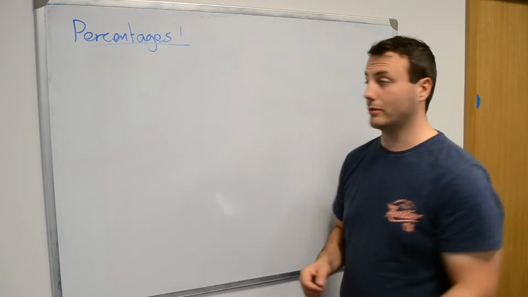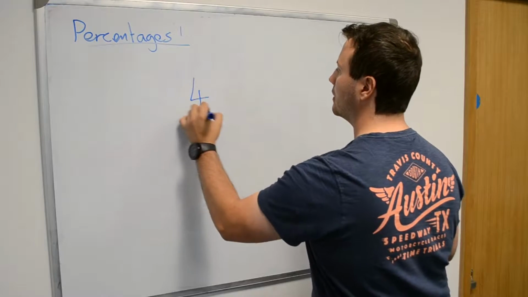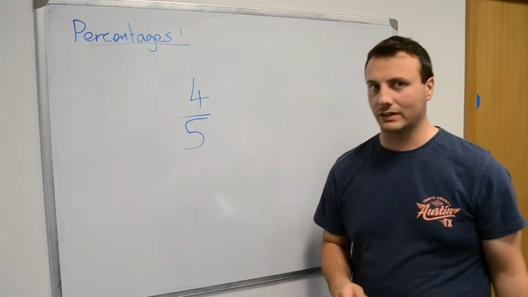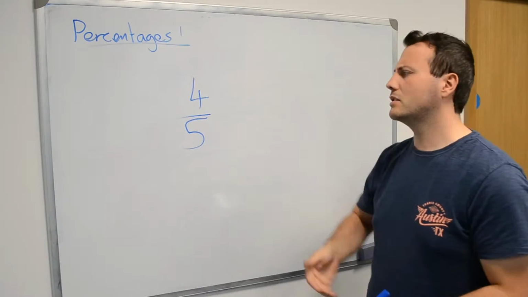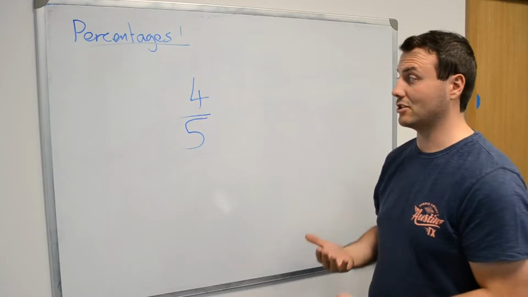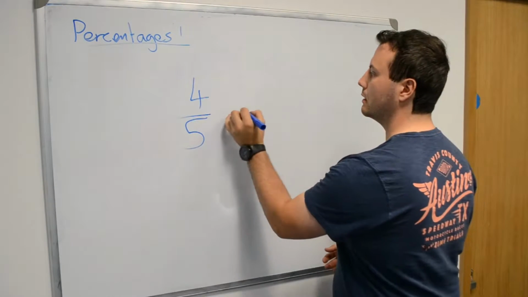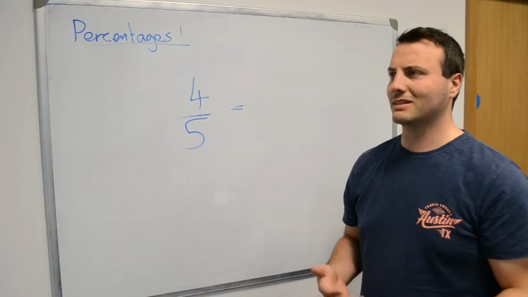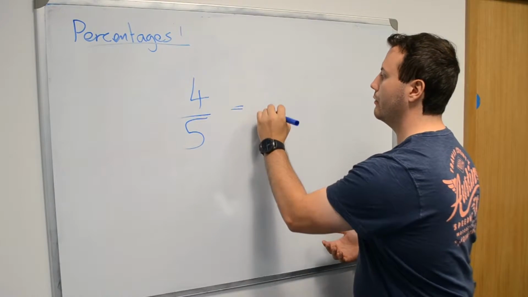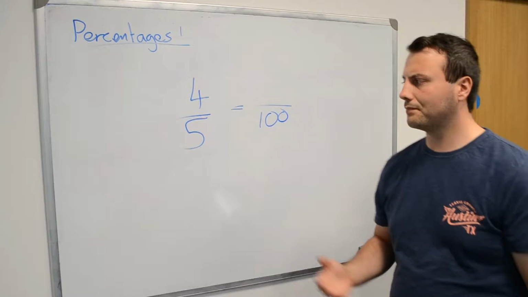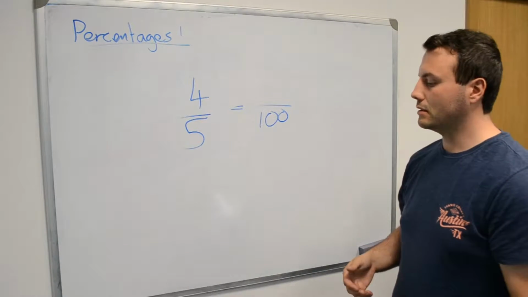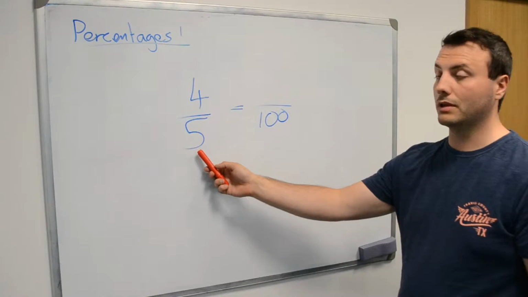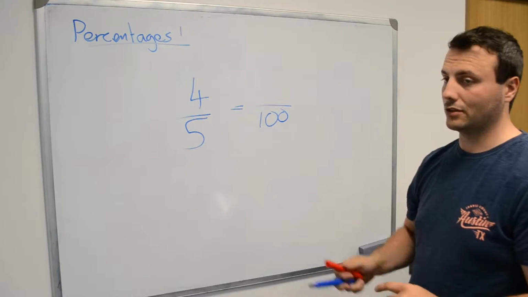So let's say that fraction that we used earlier, 4/5, and let's see how we can convert that into a percentage. So we said that percentage is any fraction over 100. So in order for these to be equivalent, because they do mean the same thing, we're going to need to get to something that looks like this, something over 100. So now it becomes a challenge of how you go from 5 to 100.